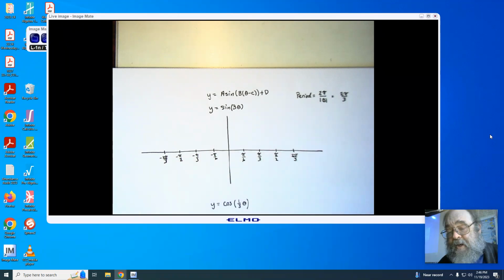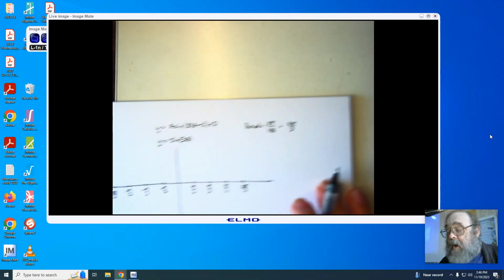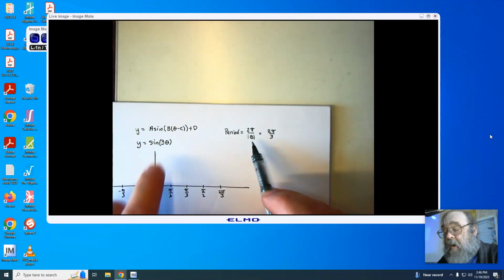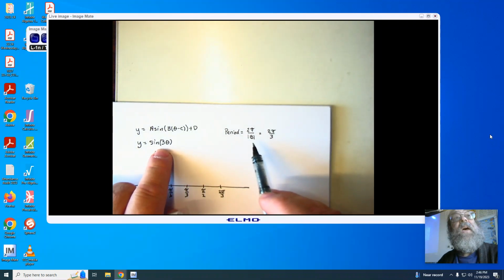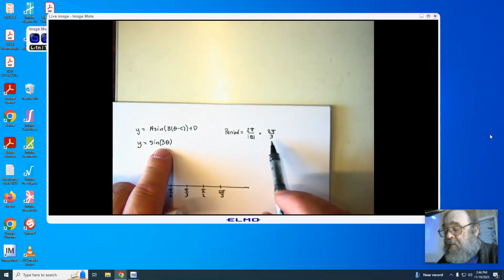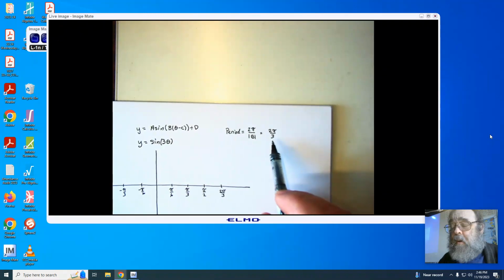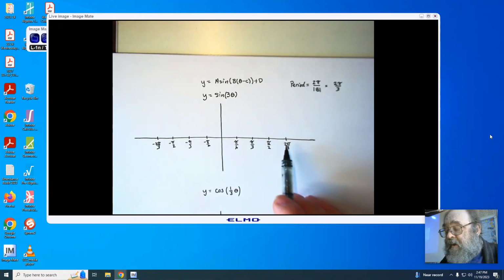Let me repeat how we did that again. We took our period, 2 pi divided by b, where our b is 3. We then identified that our period would be 2 pi divided by 3. We then marked off a distance of 2 pi divided by 3 and then began dividing in half.